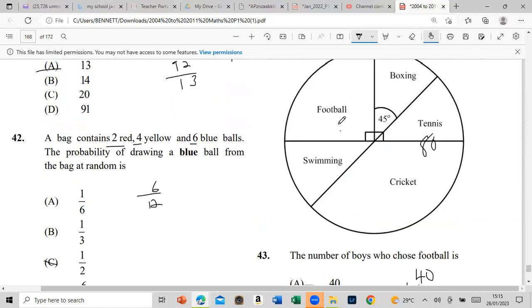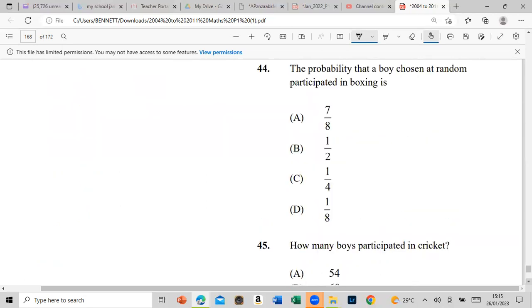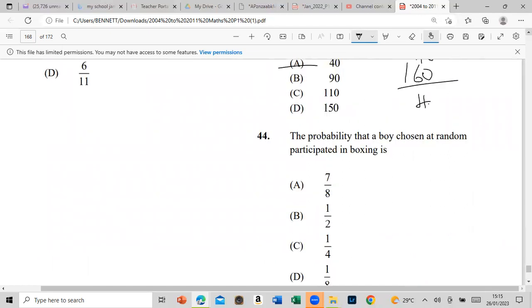The next one: the probability of a boy chosen at random participating in boxing.